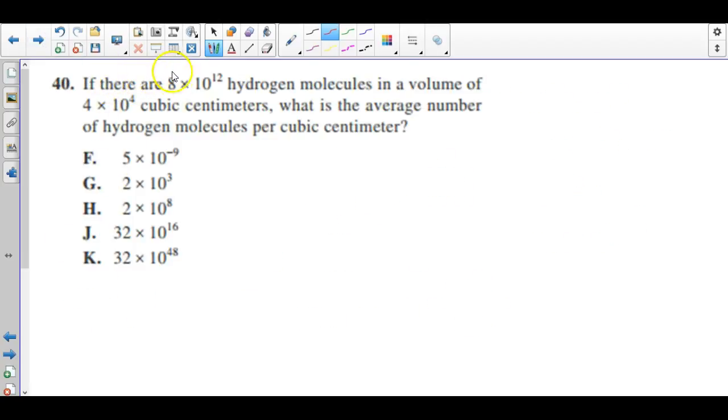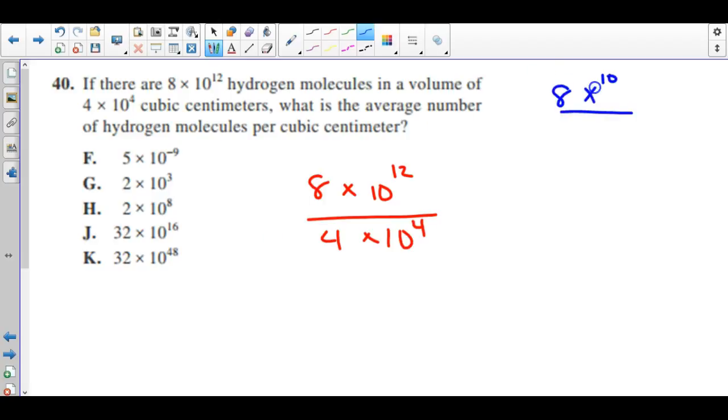Alright, if there are 8 times 10 to the 12th hydrogen molecules in a volume of 4 times 10 to the 4th cubic centimeters, what is the average number of molecules per cubic centimeter? So what I'm going to be doing is dividing both of these expressions, and I'm going to show you something that this kind of reminds me of. It's going to work the same as if I would just say 8x to the 10th over 4x to the 4th.